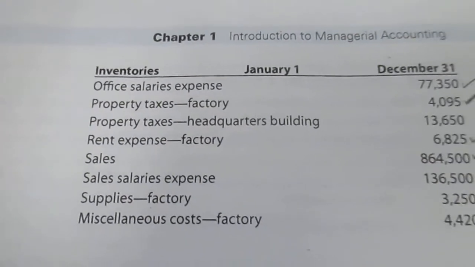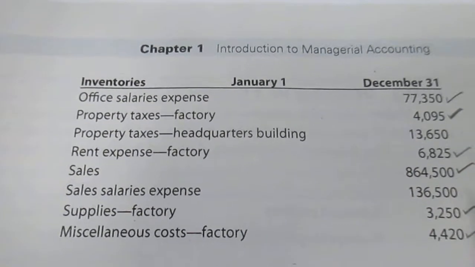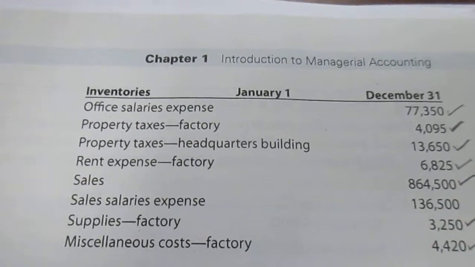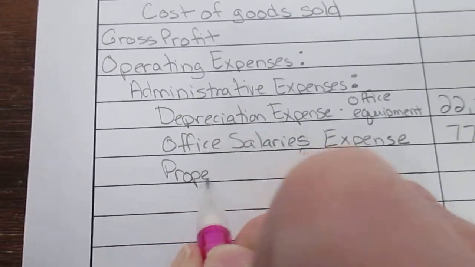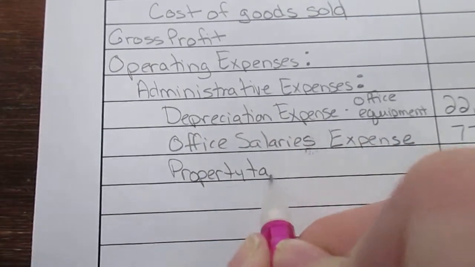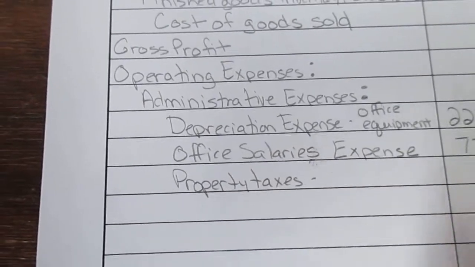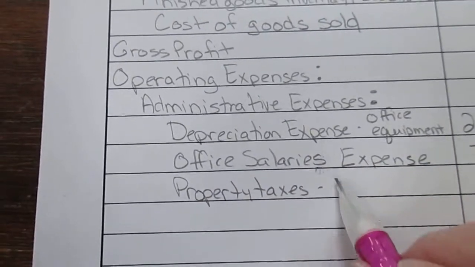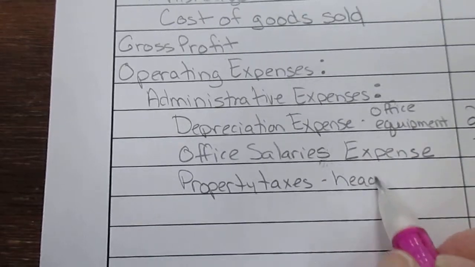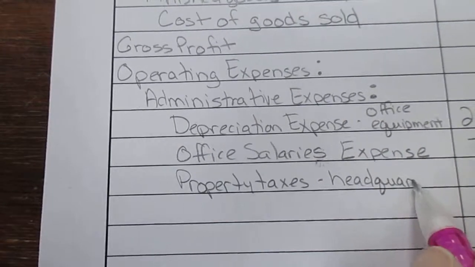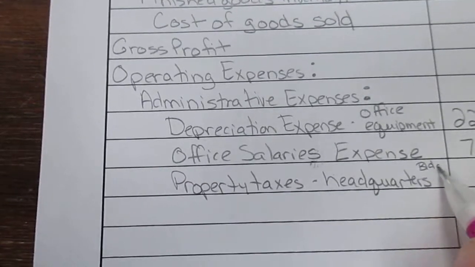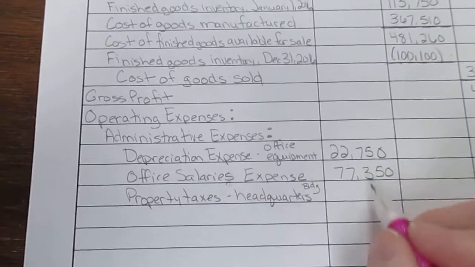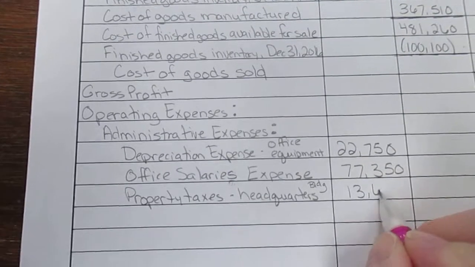And then as we go down, we have property taxes for our headquarters building of 13,650. Again, that one was 13,650.